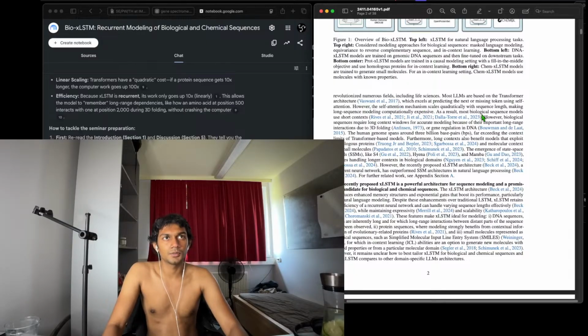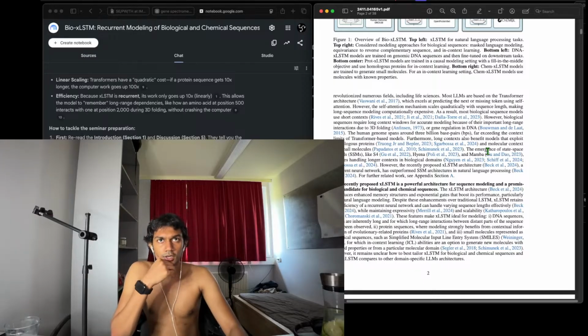As a result, most biological sequence models use short context. However, biological sequences require long context windows for accurate modeling because of important long-range interactions due to 3D folding or gene regulation in DNA. The human genome spans around 3 billion base pairs, far exceeding the context limits of transformer-based models. Furthermore, long contexts also benefit models that exploit homologous proteins.